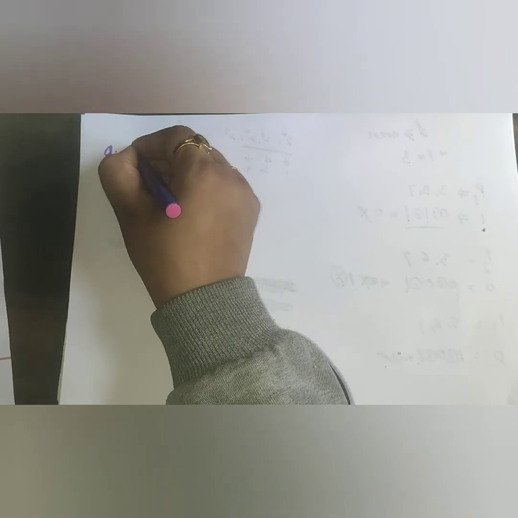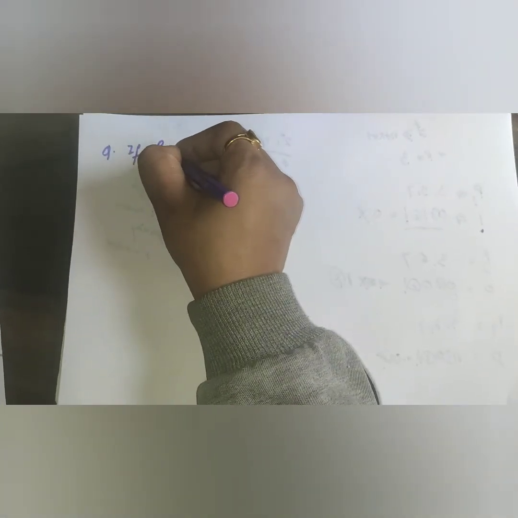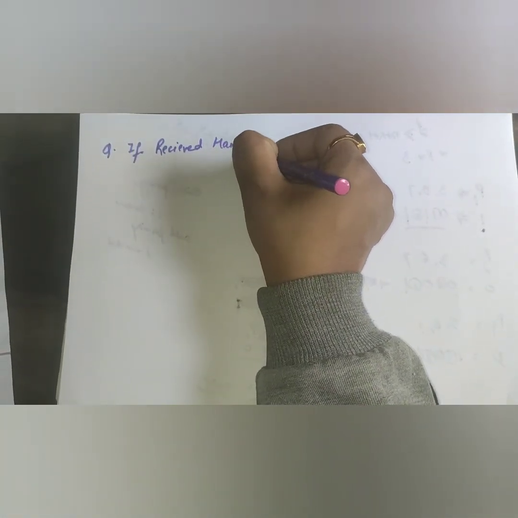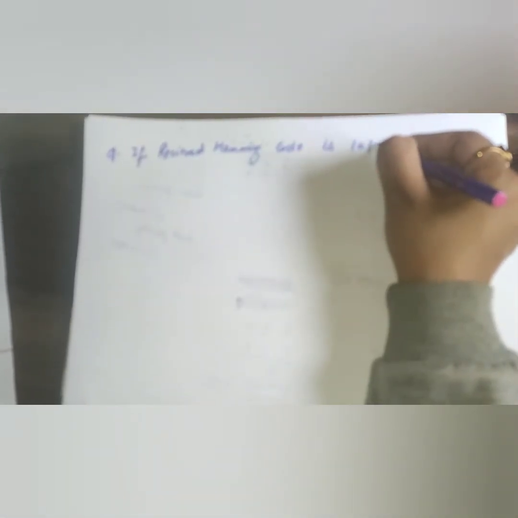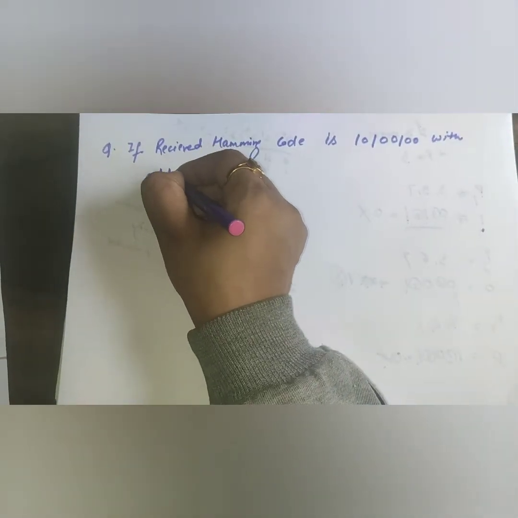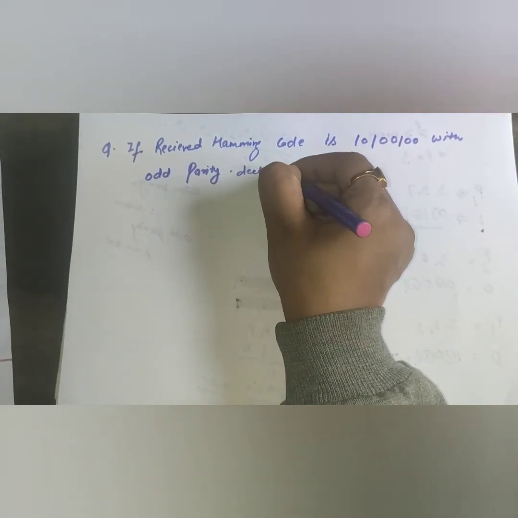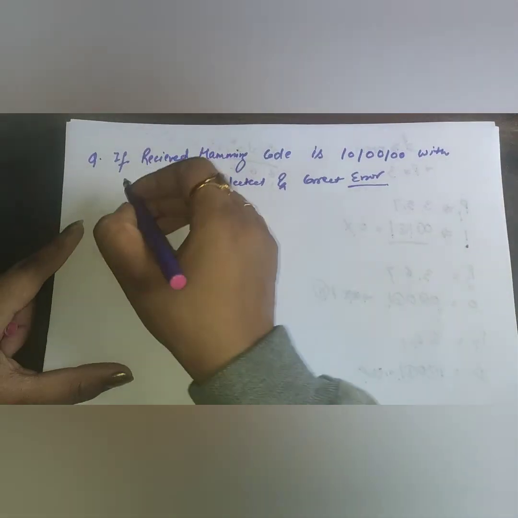If the received Hamming code is 10101010 with odd parity, detect and correct the error. You should know that the parity is odd.